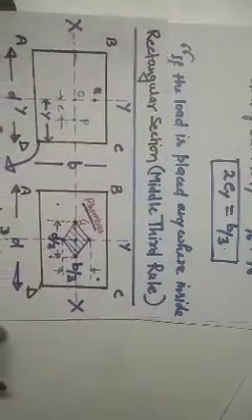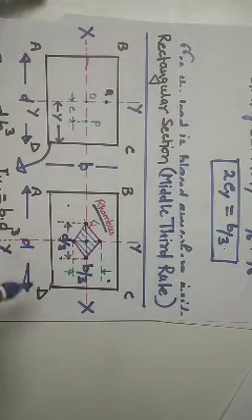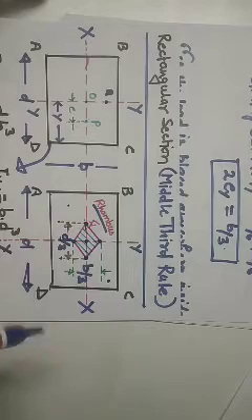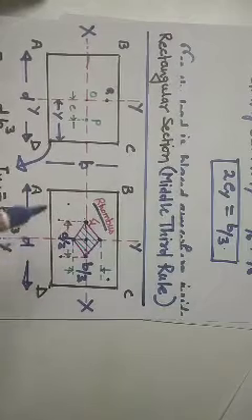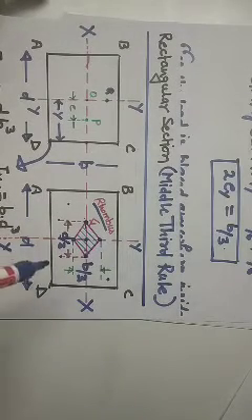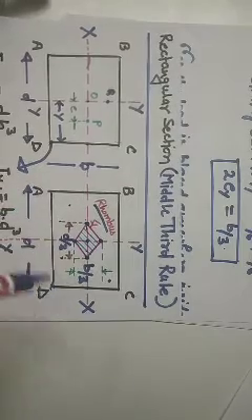So in case of a rectangular section, do remember that a rhombus is formed and the dimension of the rhombus is d by 3 and b by 3, that is the middle third of the section. When load is placed inside the rhombus, there will be no tension. When load is placed outside the rhombus, there will be tension in the section, right? This is the condition for no tension in a rectangular cross section.